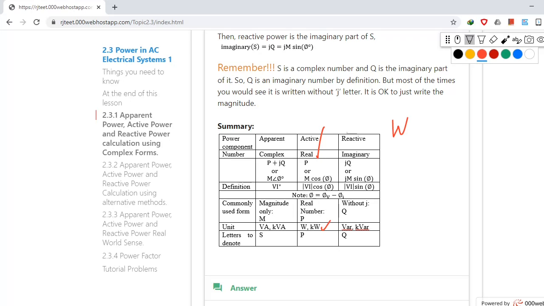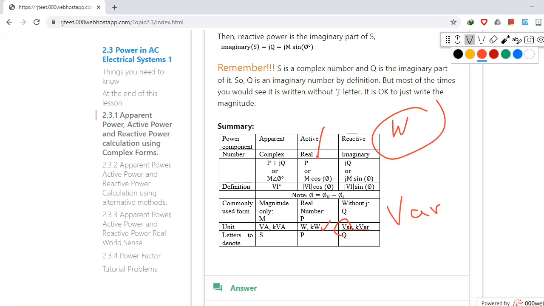Like for an instance, if you consider a resistor, the heat that it dissipates is measured in watt. So in this case as well, we are using watt for active power, so you should get an idea that here as well we are talking about the heat which is visible. And imaginary power, on the other hand, is not visible, it's imaginary. That's why we use the word imaginary. So it is some sort of power that is oscillating between the source and the load, and we use the unit var to measure imaginary power.